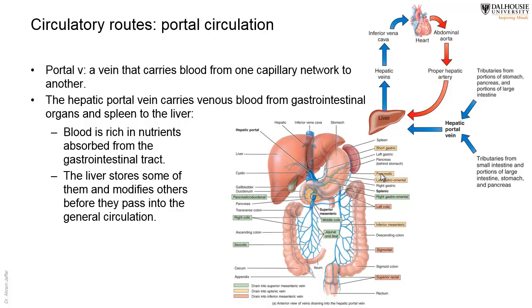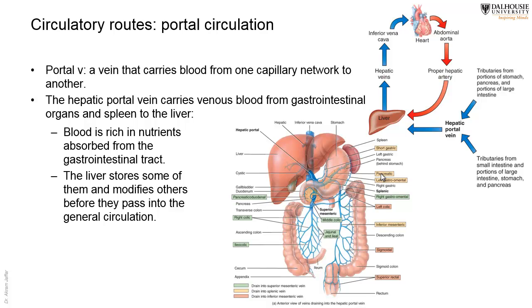So you can see here this portal vein, a very big vein that the liver receives. When we study the liver later on, when we deal with the gastrointestinal system, we will see that the liver has two sources of blood supply: the portal vein and the hepatic artery. The hepatic artery is smaller.